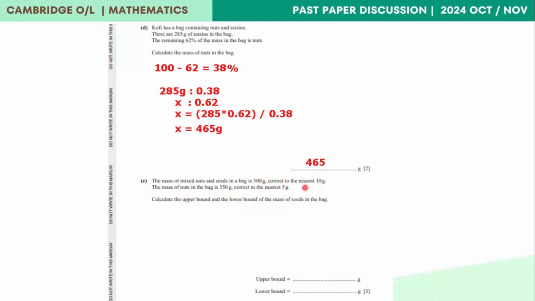So firstly, we'll find the error. If they say nearest 10, that means 10 divided by 2, that is 5 grams. So upper bound of nuts plus seeds is equal to 500 plus 5, that's 505 grams. Lower bound of nuts plus seeds will be equal to 500 minus 5, that is 495 grams.